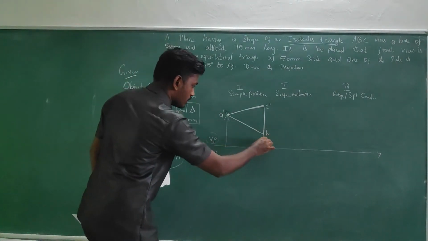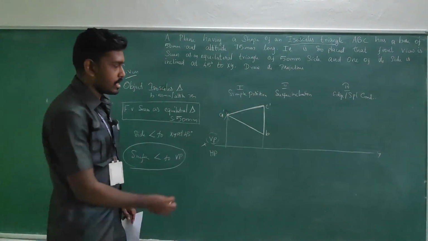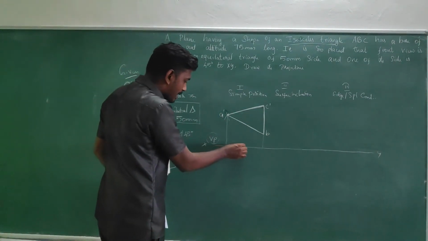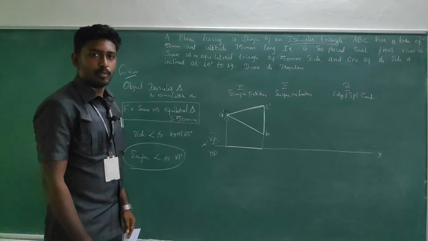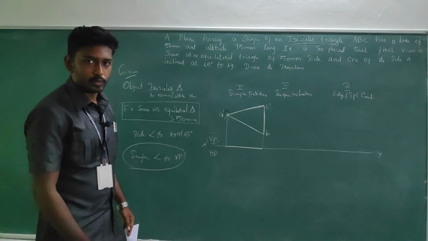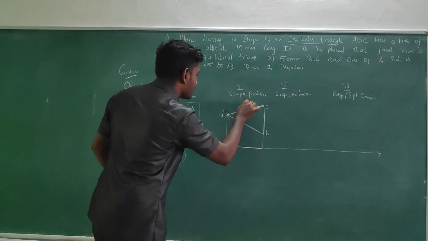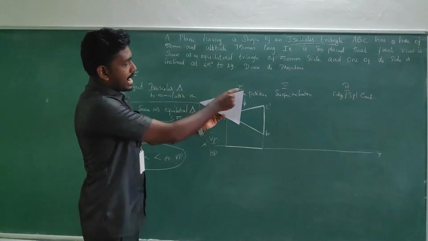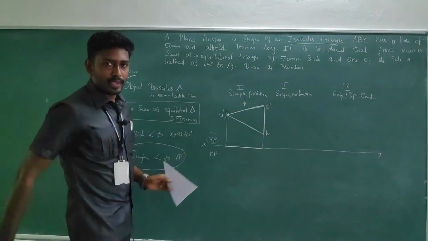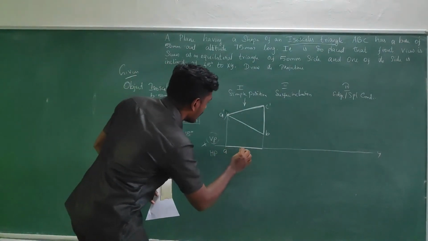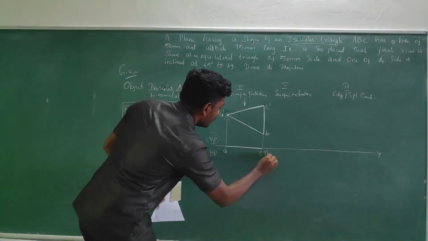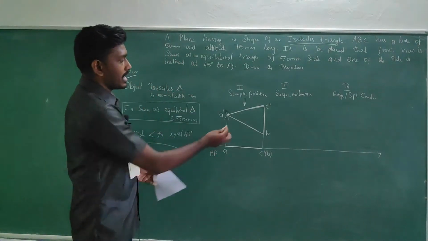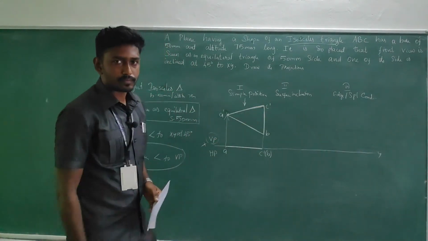Just take the projectors from each corner and have a horizontal line between the projectors. It will be your top view. So here the observer will be looking in this manner. A and C will be visible, B will be invisible. It just lies behind C.